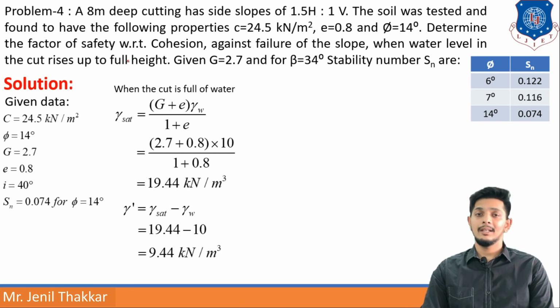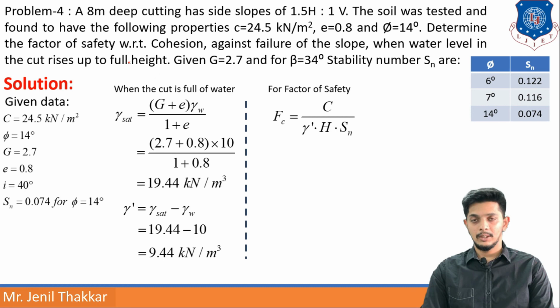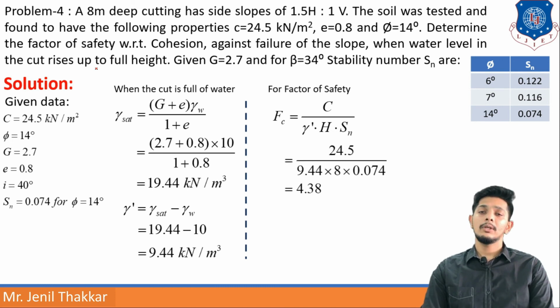Now after getting gamma dash, I will find the factor of safety. For factor of safety I will use the formula C upon H into Sn into gamma dash, because it should be gamma dash as the slope is submerged. Now putting all the values, C is given as 24.5, gamma dash I found is 9.44, H is given as 8 meter height, and Sn is given as 0.074 for 14 degrees of phi.